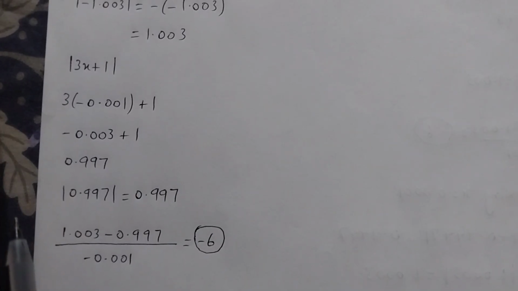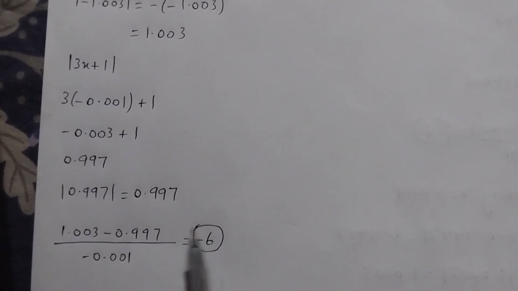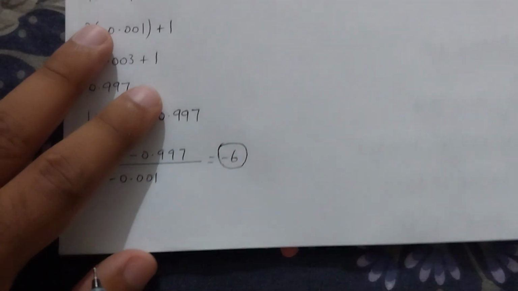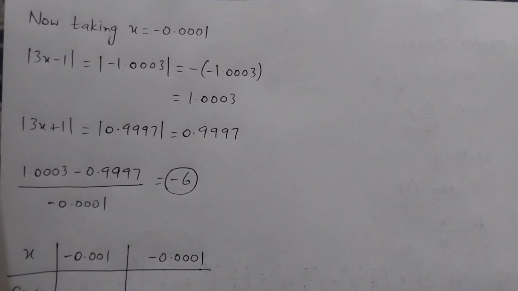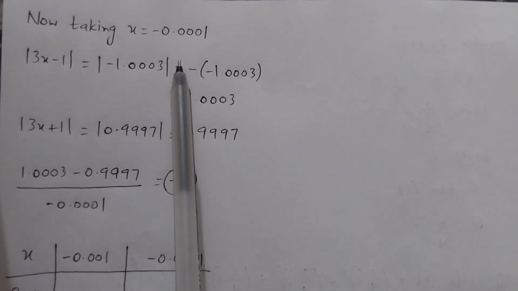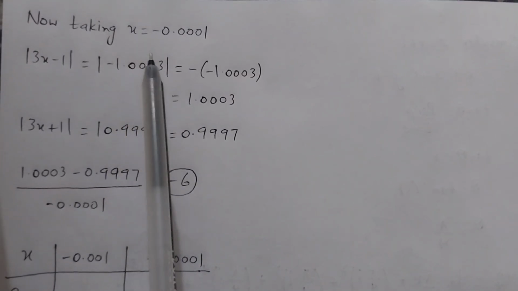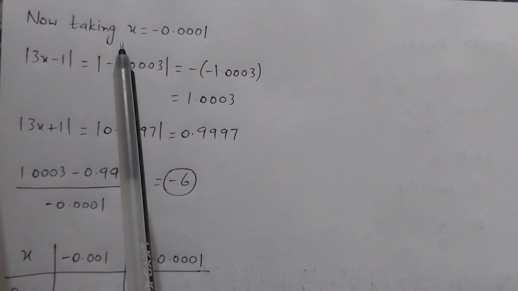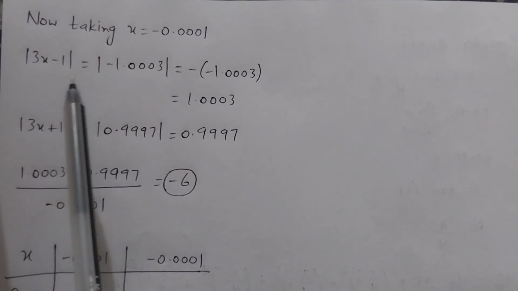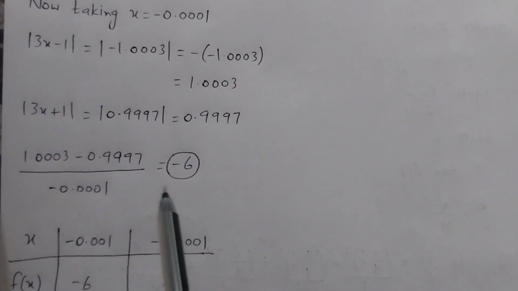So even when we are approaching x equal to 0 from the left hand side, we are getting the same value. Now I'm taking x equal to -0.0001, which is even closer to 0 from the left hand side, and the absolute value of 3x minus 1 gives us 1.0003, the absolute value of 3x plus 1 gives us 0.997, and when we plug in these values, we get -6.